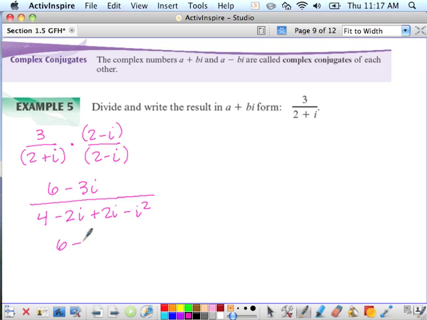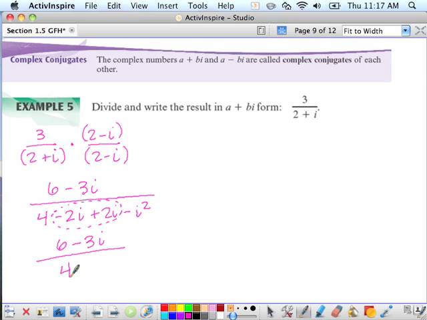The top has no like terms, so we're just going to write it down again. We have 6 minus 3i over. Now in the denominator, what happens to negative 2i and positive 2i? They cancel to 0. That is what conjugates are supposed to do when you multiply them together. If that doesn't happen, you did something wrong. But that only works with conjugates. It doesn't work with any others multiplied together. Leaving us with 4 minus i squared.